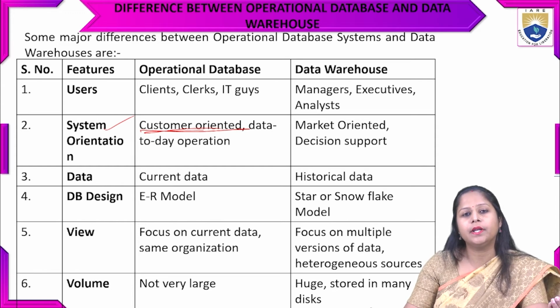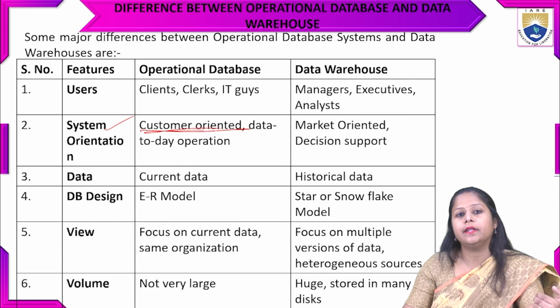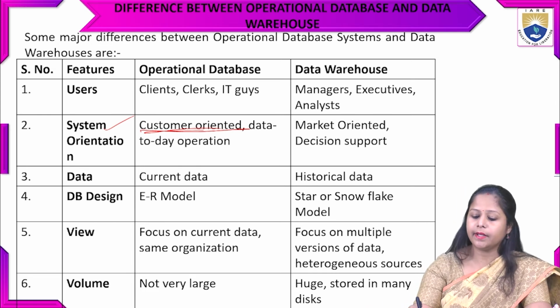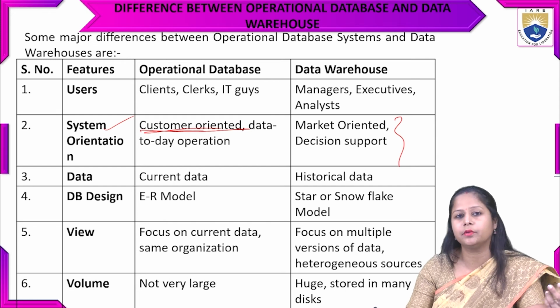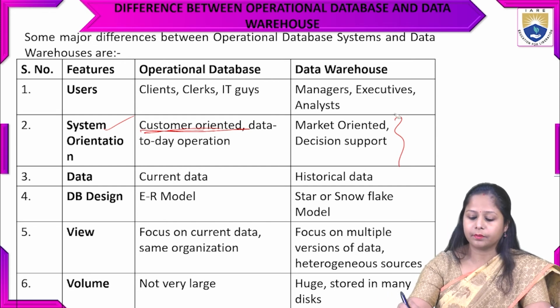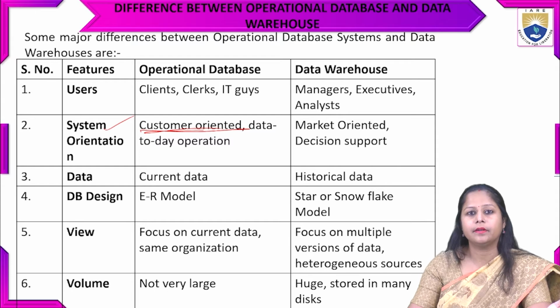They have to look at the different trends and patterns of what other companies are doing, and in that way they can grow their business. The data warehouse is decision oriented. Obviously they are going to take good decisions on the basis of comparing the data with other organizations.